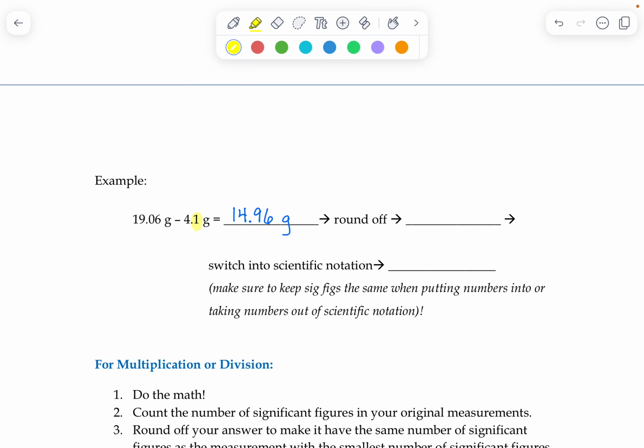So how does your answer have a hundredth place? You're overstating what you actually know. So because this first value had 2 decimal places, this one only has 1 decimal place. 1 decimal place is a worse measurement, so I'm going to only keep 1 decimal place.